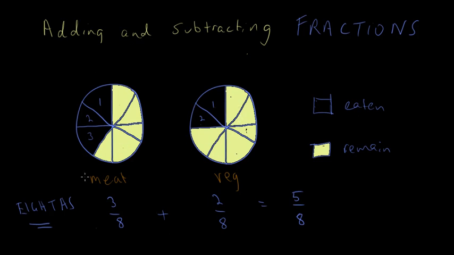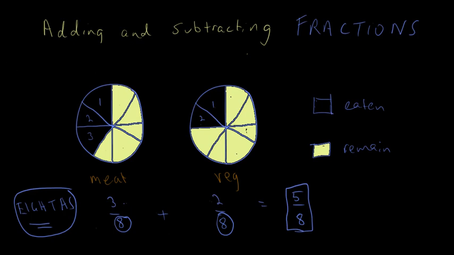Because we're dealing with the same fraction, and the reason we're dealing with the same fraction is because we're dealing with the same denominator. Okay, it's easy to work out the answer to the problem. Easy to add the fractions up. All we do is we add the numerators together, the numbers on top.